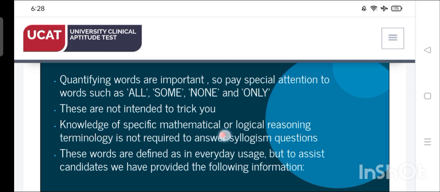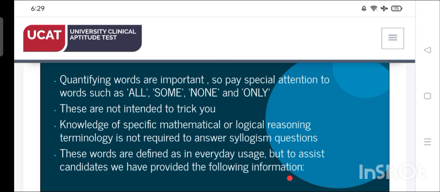Knowledge of specific mathematical or logical reasoning terminology is not required to answer syllogism questions. These words are defined as in everyday usage, but to assist candidates, we have provided the following information.